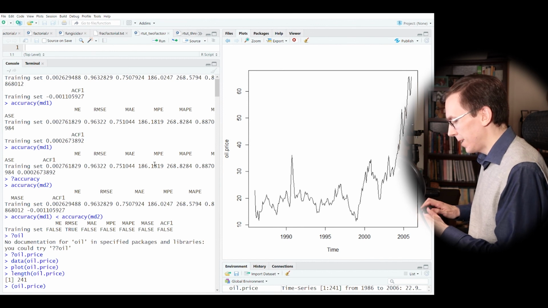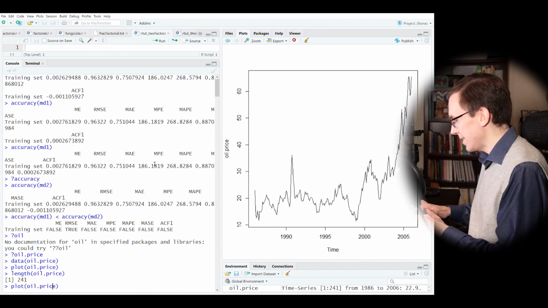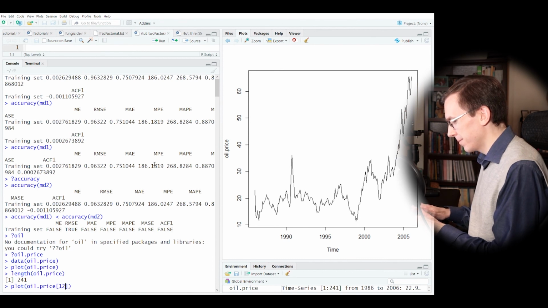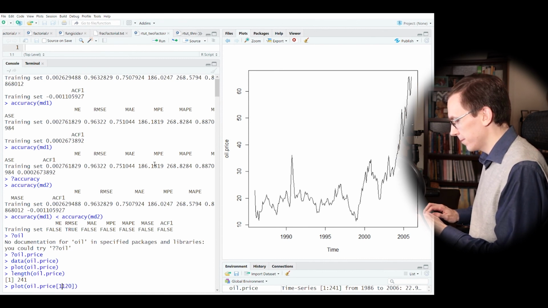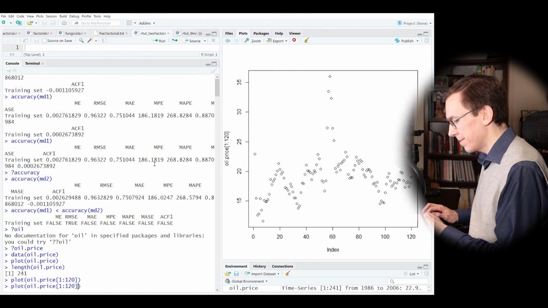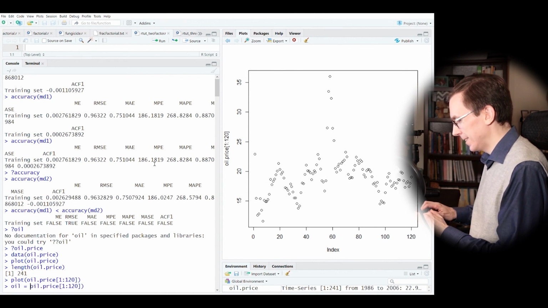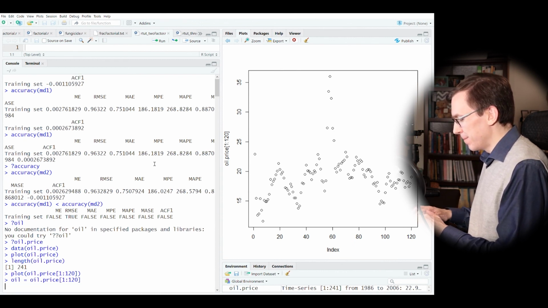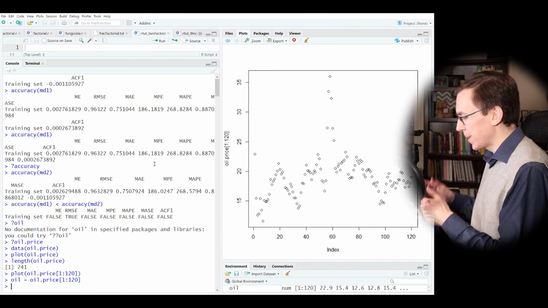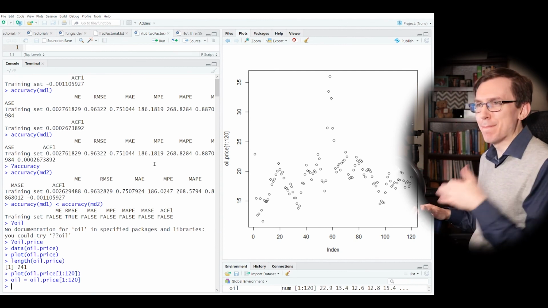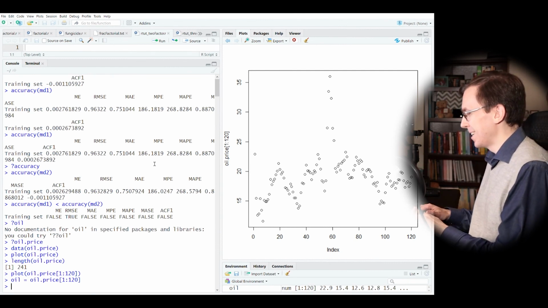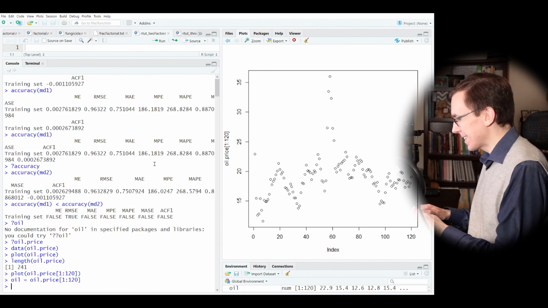So let's try plotting the first 10 years or so. I'm just going to call it oil, mainly because now we have something that's not going to massively shoot off into the sky as we go forward. We do have a big spike there.